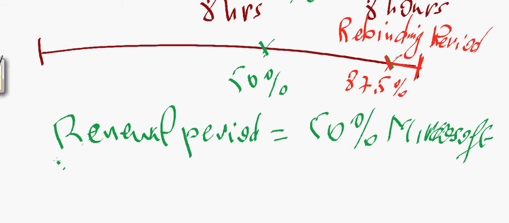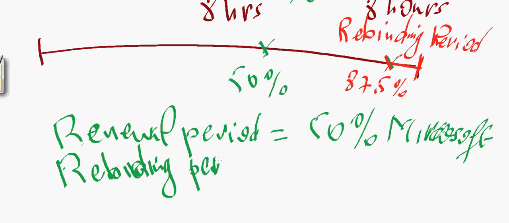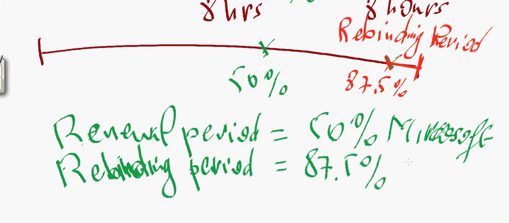And you have the rebinding period, which is equal to 87.5%, and this is the default rebinding period used by Microsoft as well.